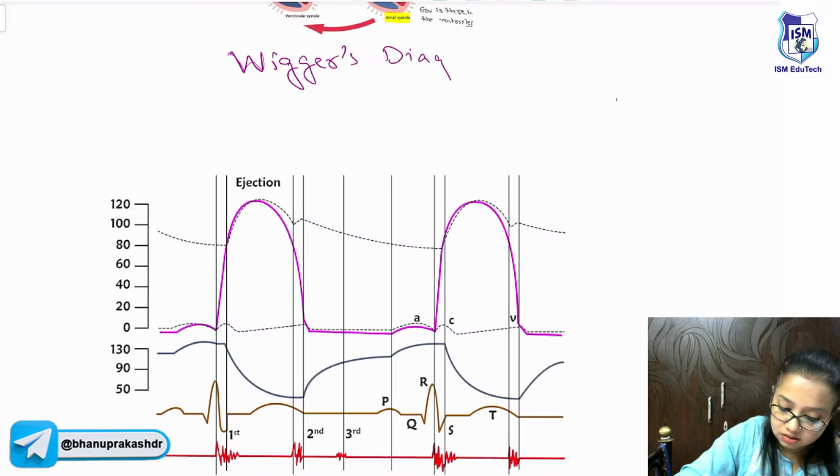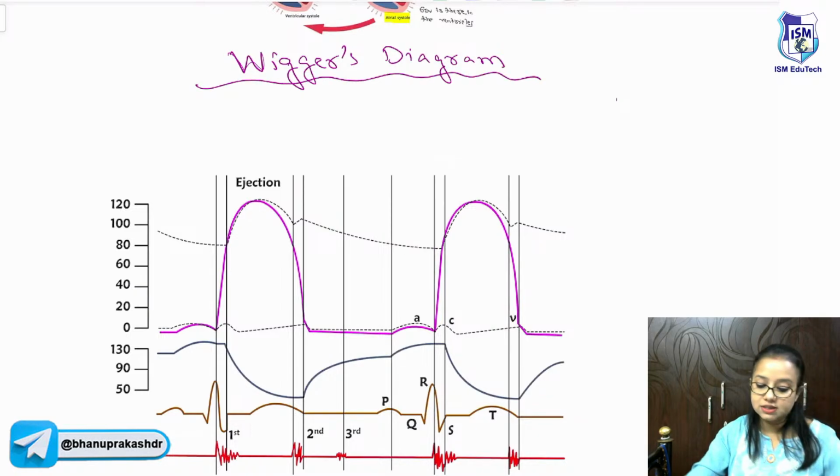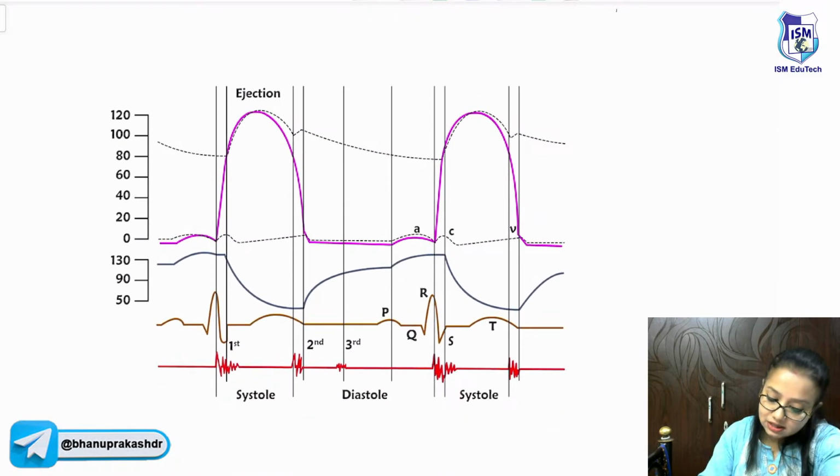Okay. Now, the Wiggers diagram is the graphical representation of the pressure changes that are happening in the cardiac cycle.